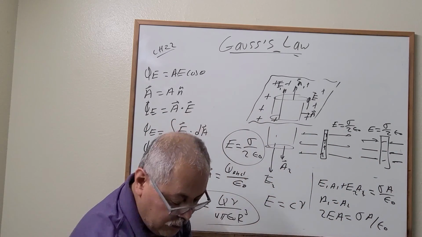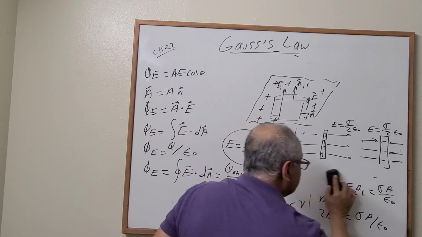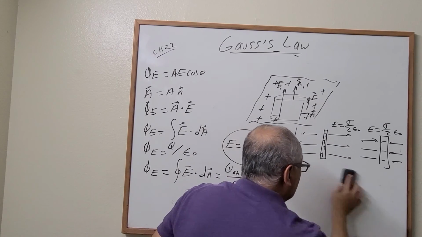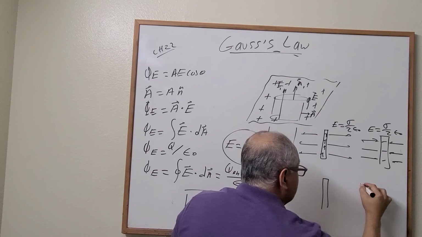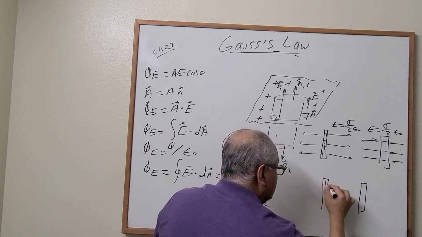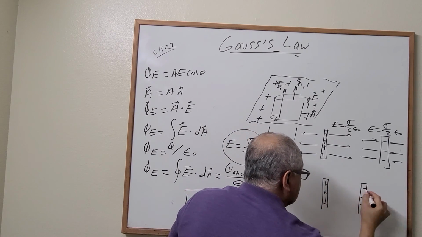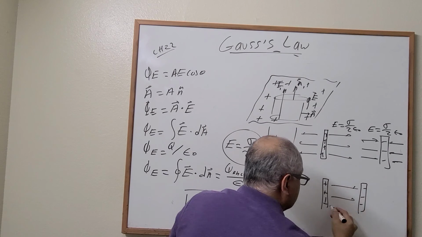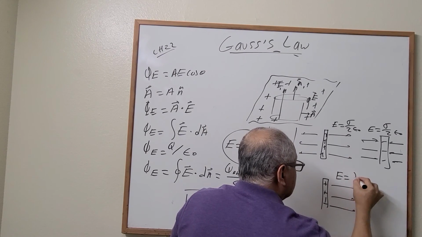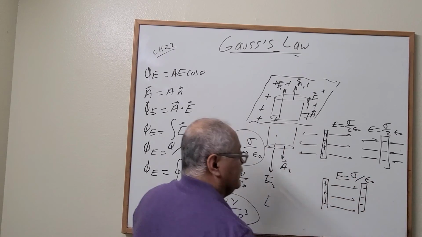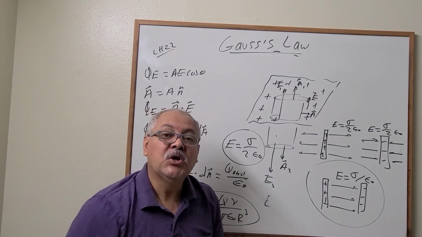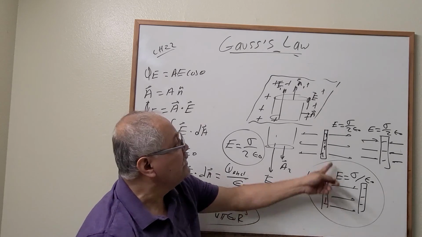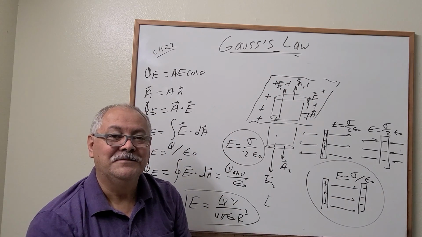Well, we have this important result that we use in capacitors, correct? What is the electric field between these two plates? Well, it's found to be equal to sigma over epsilon naught. Correct? The same result that we found using Coulomb's law is found using Gauss's law.